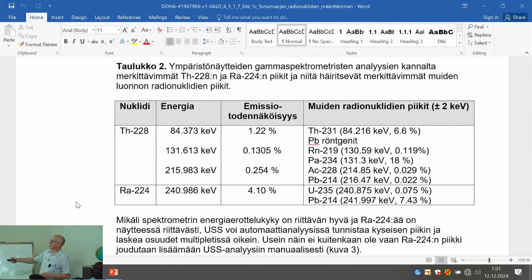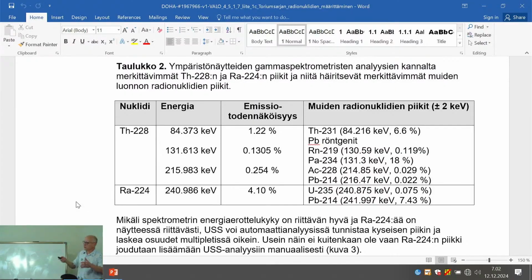So you can see the energies of thorium-228. Okay, these are okay. However, this peak is very close to the lead X-rays. Sorry, this text is in Finnish because I made this text several years ago for my colleagues so that we do analysis always the same way.